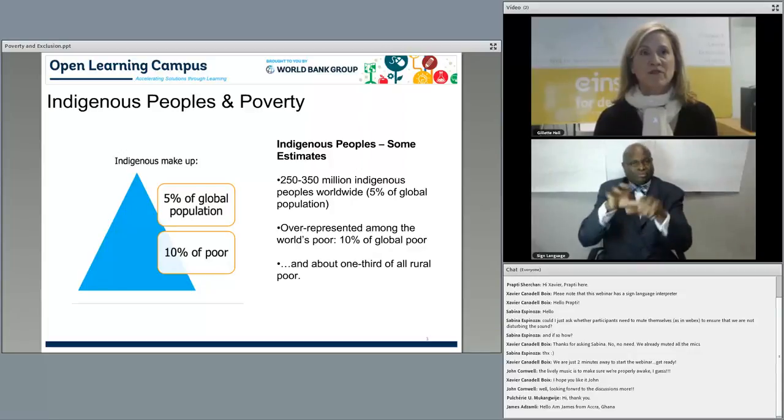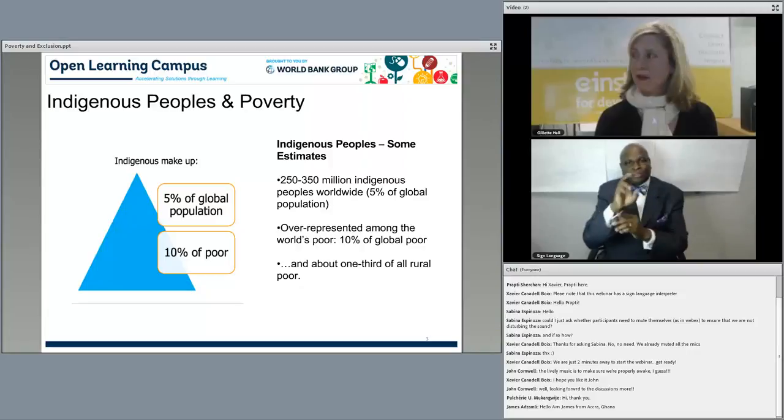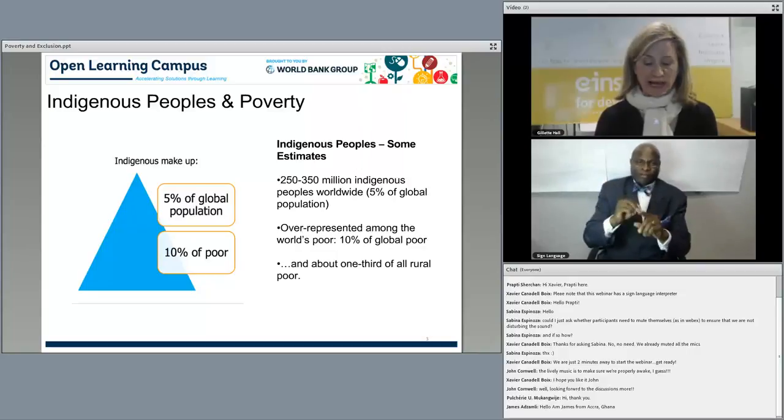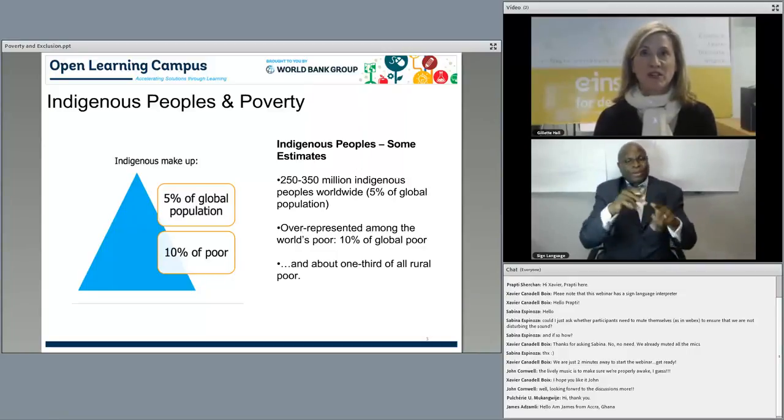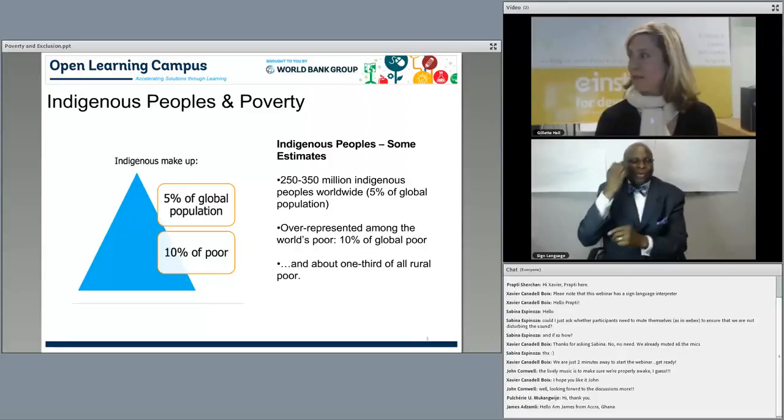In terms of numbers, you'll see there we estimate 250 to 350 million people worldwide fall into this category. That's more than the population of the United States, a little bit under the population of Western Europe. And we could be sure that should the issues that plague Indigenous peoples plague the entire population of the United States or the entire population of Western Europe, we'd be hearing a lot more about it.